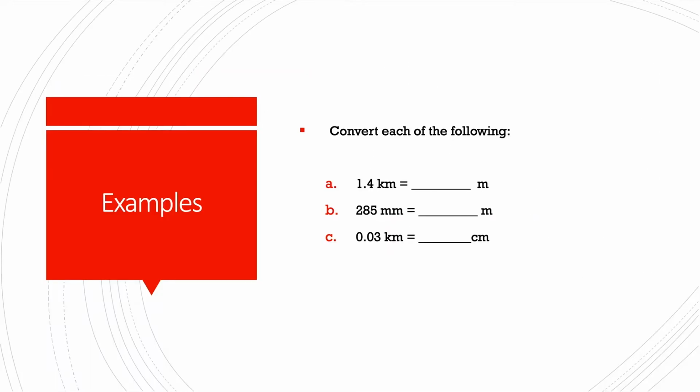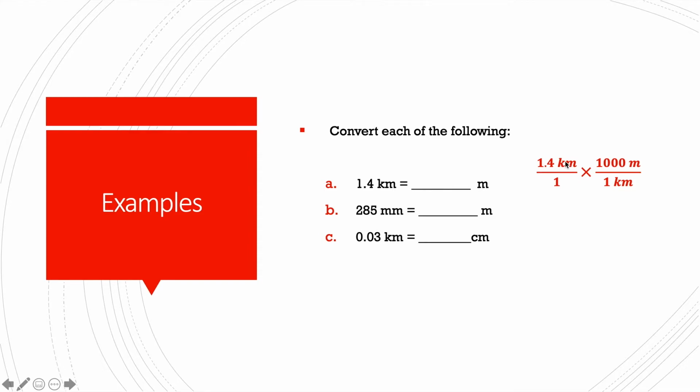So let's take a look at some examples. Again, several ways to set them up as long as we result in the same thing. I have 1.4 kilometers, and I am trying to convert that to meters. Now, in a kilometer, there are 1,000 meters. So this is the ratio that I'm going to set up. 1.4 kilometers, and like I said, I like to put it over 1. You don't have to.